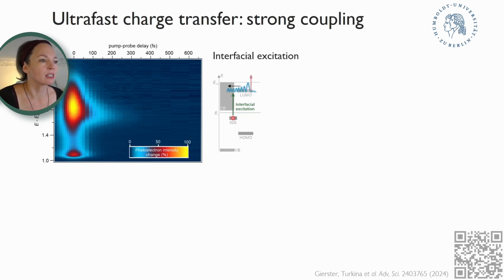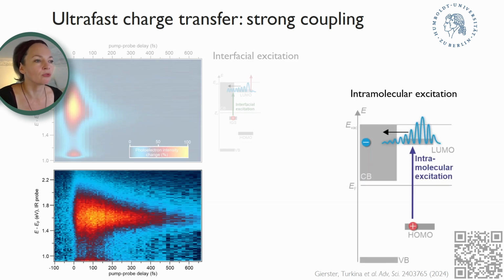So these are the results of the interfacial excitation experiment. Again, in false colors, you see the photoelectron intensity. This is the LUMO of the molecule, and you can see that as a function of pump-probe delay, the population decreases really rapidly.